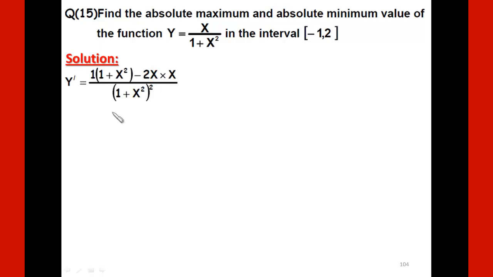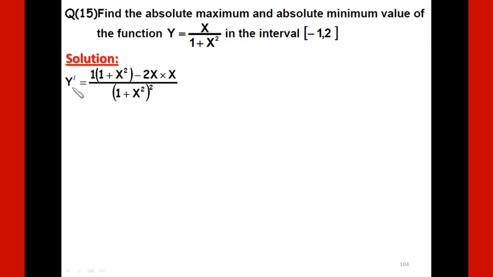So what is the first derivative of this fraction? It is the denominator multiply the derivative of numerator, it's equal 1, minus the numerator, we write it, multiply the derivative of denominator, which will be 2x, over the denominator all square.